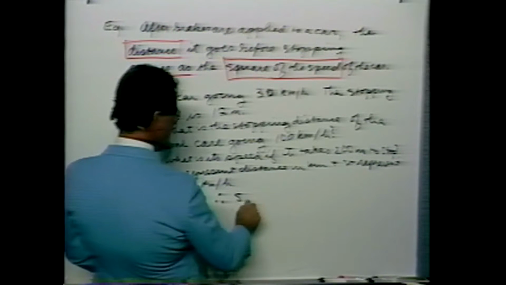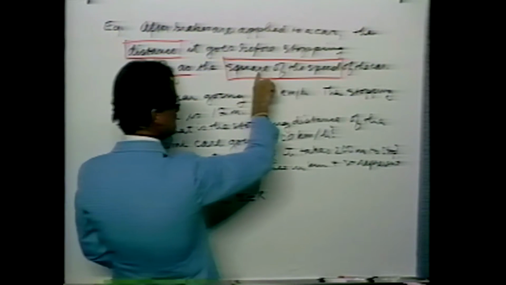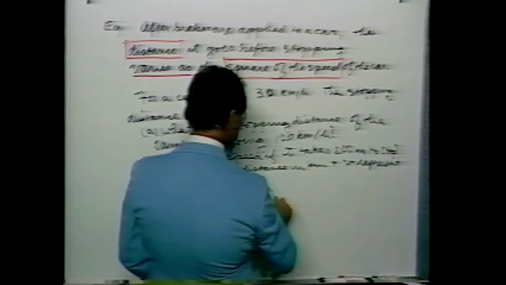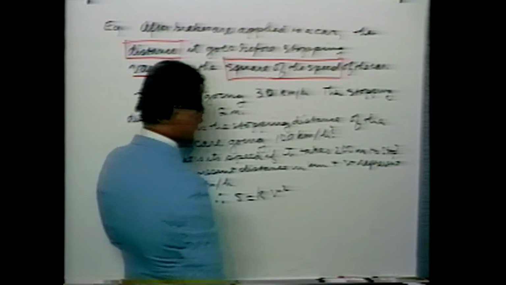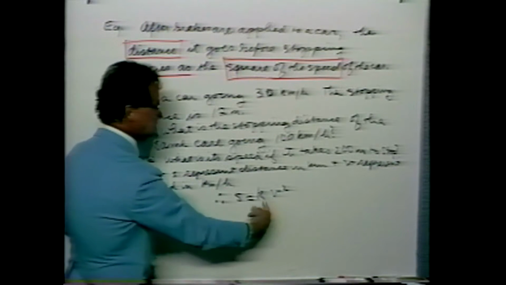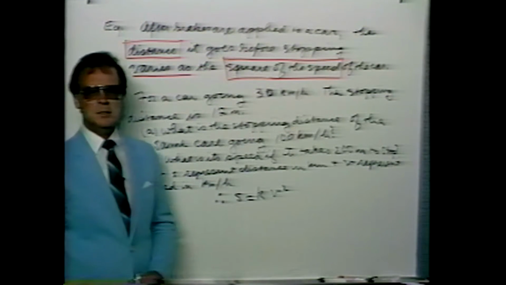Therefore, S is equal to K. Now it says the speed is squared. The square of speed is V squared, like that. That formula interprets, in mathematical language, that English sentence regarding a physical law.